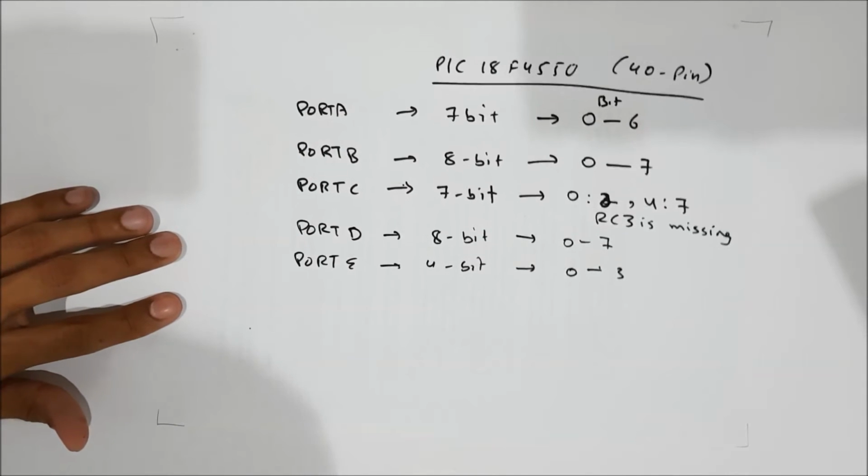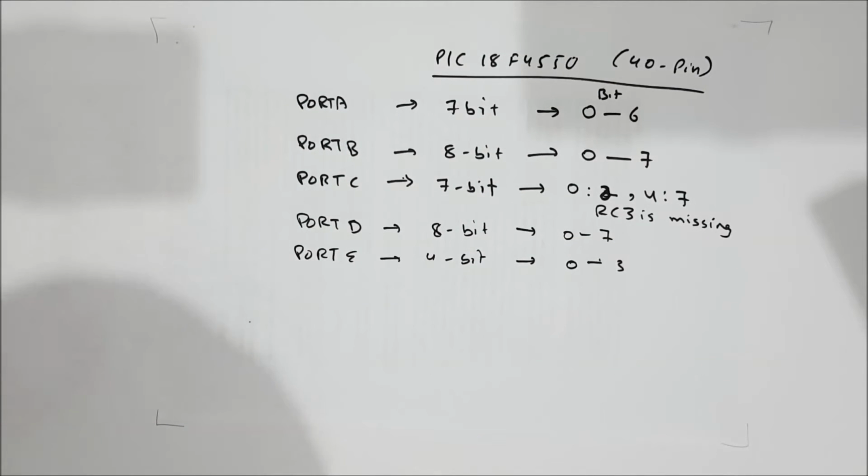Why am I telling this again and at this point? Because today we are going to make a clock, and to make a clock we need 3 8-bit ports. We have to connect two BCD displays for seconds on one port. Then we have to connect two BCD 7-segment displays on one 8-bit port for minutes, and the same for the hours.